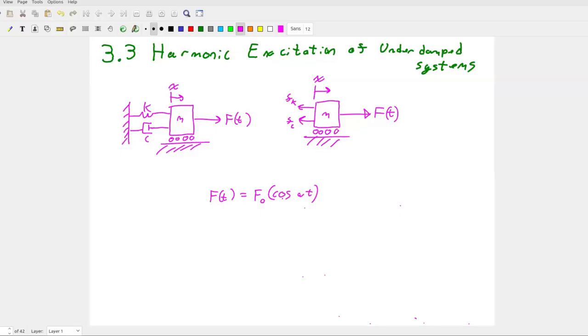But we're going to say F naught cosine of omega t. And now I get an equation of motion that's m x double dot plus c x dot plus k x is equal to F naught cosine of omega t.